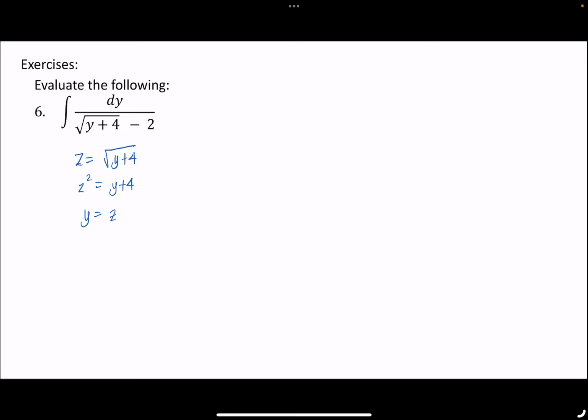So y is z squared minus 4. dy is 2z dz. So we have the integral of dy, 2z dz all over square root of y plus 4, which is z, and then minus 2.